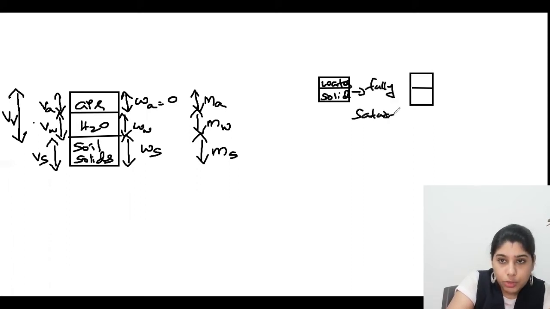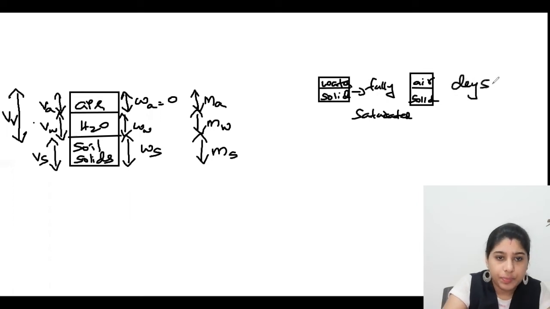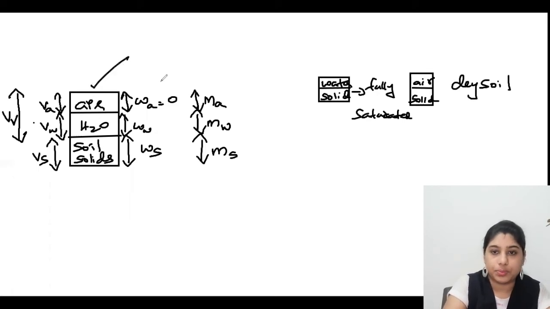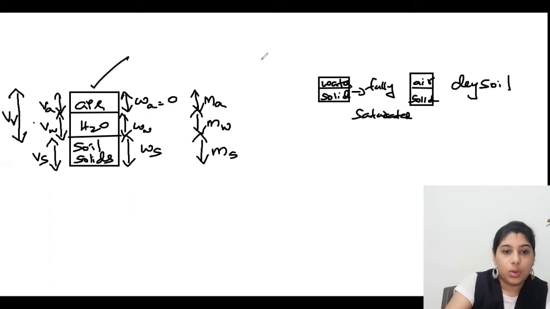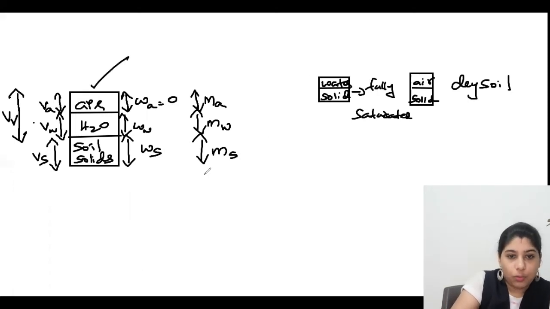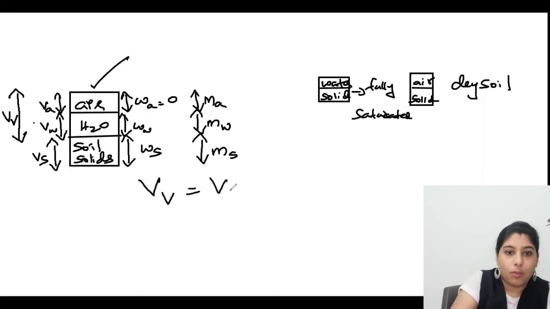If the portion is composed of air and no water, and solid, we call it dry soil. And half air and half water as well as soil solid, we call partially saturated soil. So we have understood that the volume of void is the volume of air plus volume of water. This is very, very important.